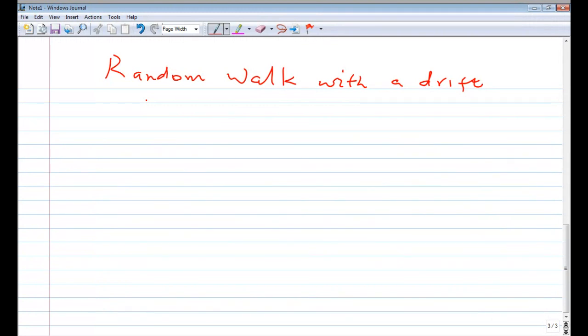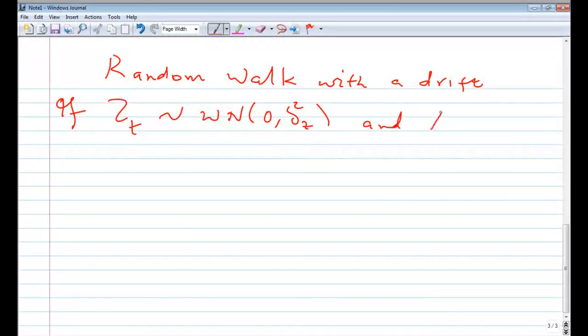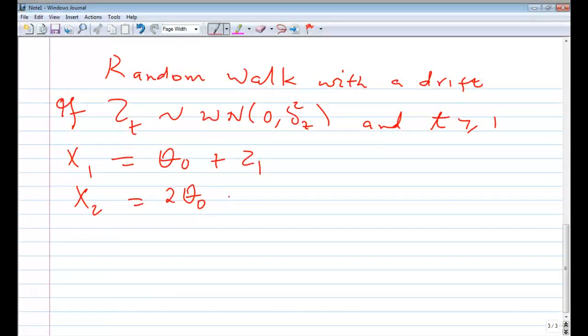Now, if ZT is a white noise again, with mean 0 and variance sigma squared Z, and again T is greater than or equal to 1, then x1 will be equal to theta 0 plus z1, and x2 will be equal to 2 theta 0 plus z1 plus z2.